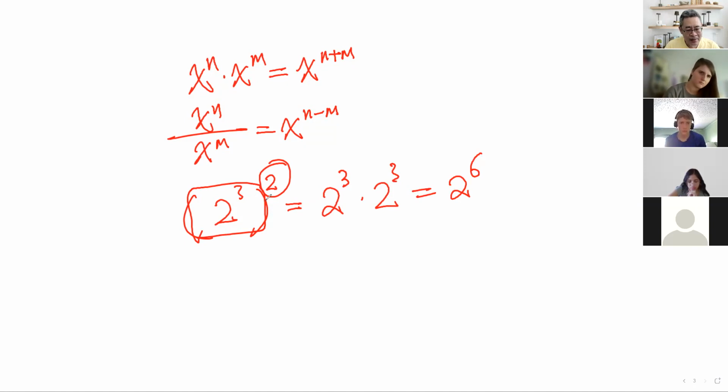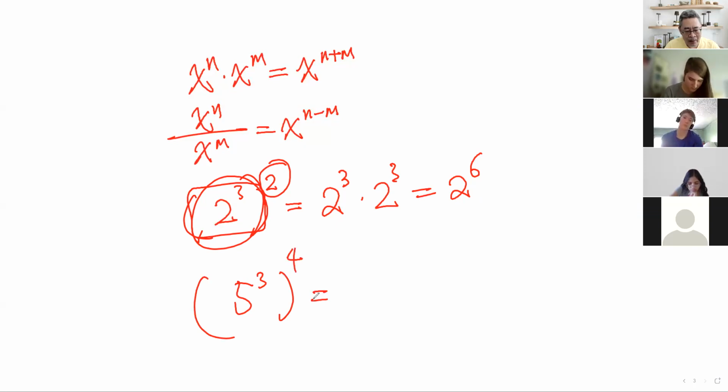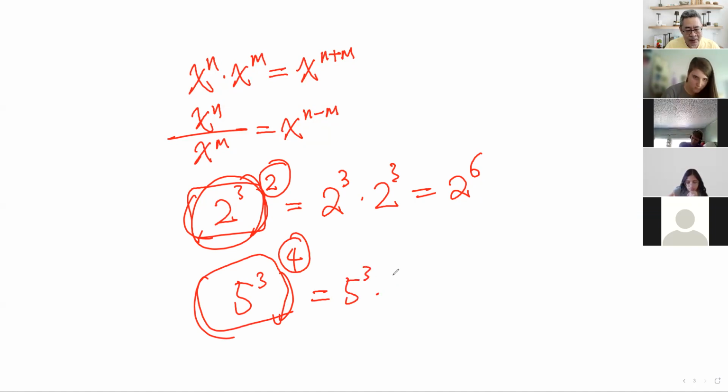You can see that 2 times 3 is 6, because we do have 2 of those together. If we got 5 to the third, in parentheses, to the 4th, what do we have? This is our base to this exponent, so that's 4 of those.